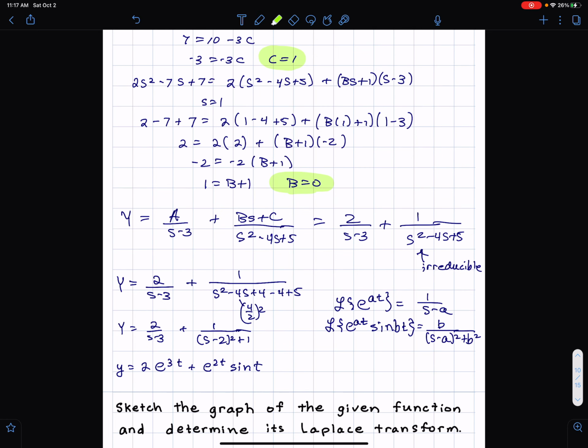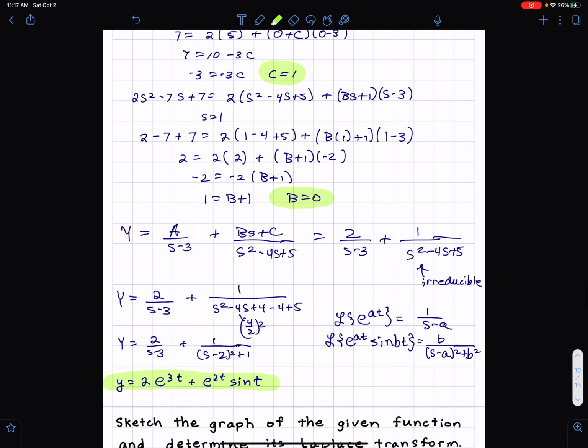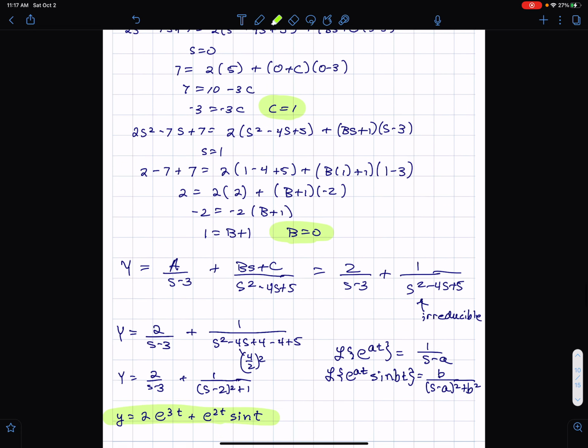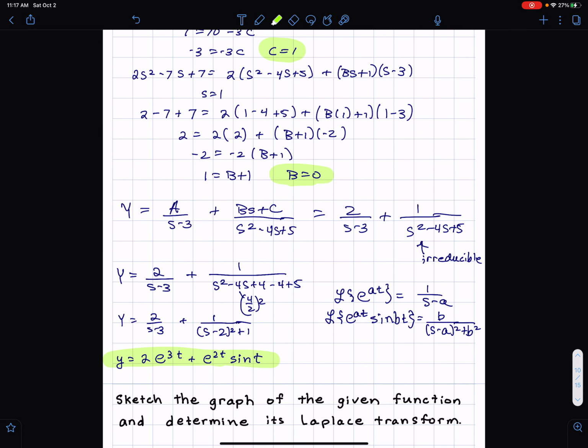One of the ways you can check it right off is to look at when I put in t equals 0, I get 2. Isn't that our initial condition? If I take a derivative here, you have to spend some time looking at it.